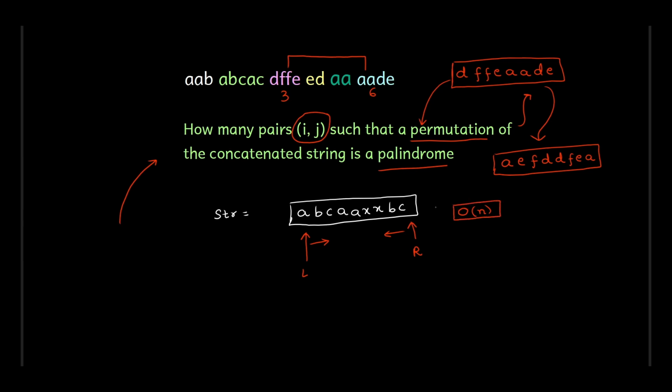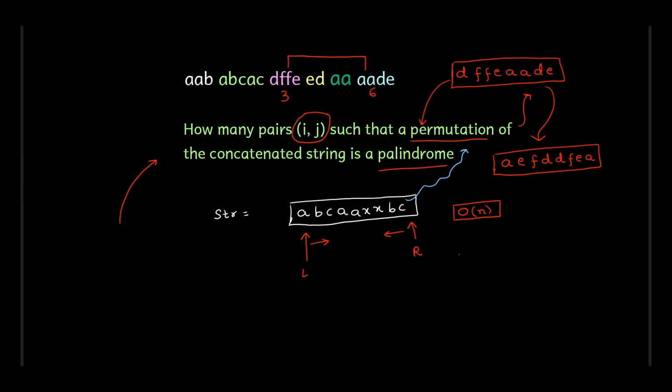Now if I ask you to tell me whether any permutation of this string is a palindrome, can you come up with an algorithm? If you are allowed to do any permutation, it means that you can shuffle each character to any position that you want.